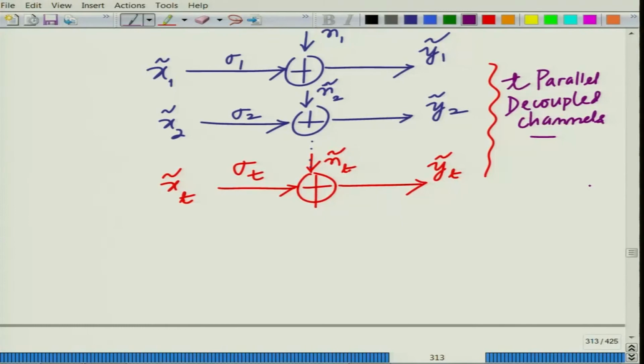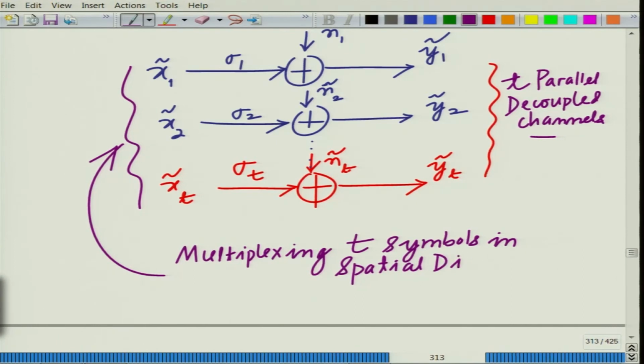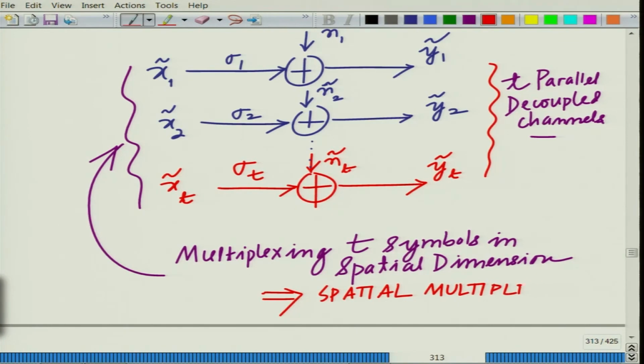So, this property of the MIMO system, where you are multiplexing t symbols in the spatial dimension, is what is termed as spatial multiplexing.